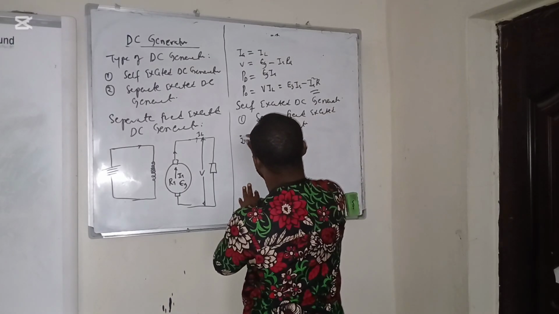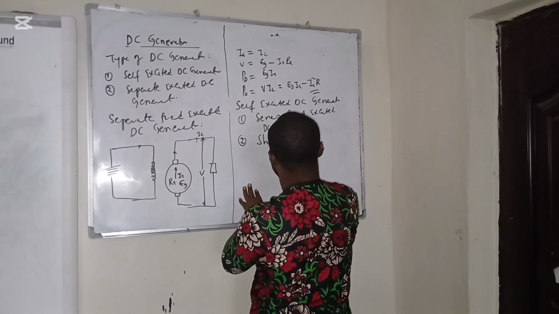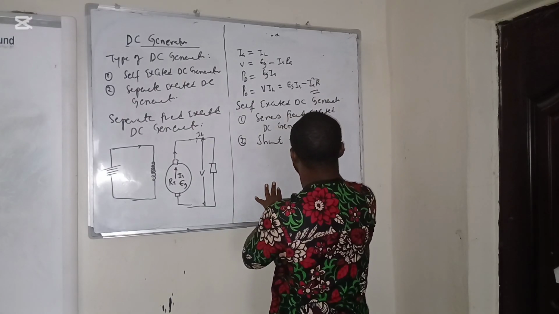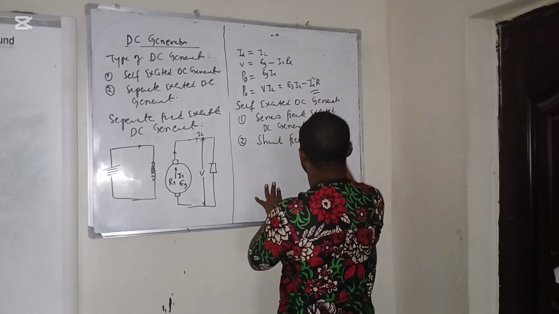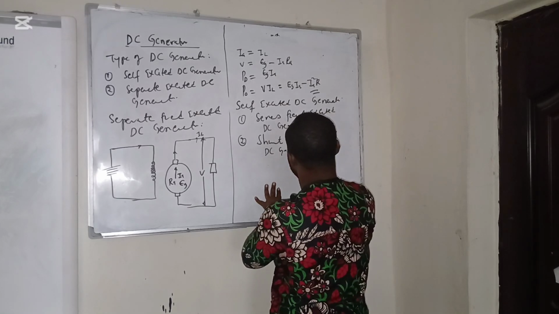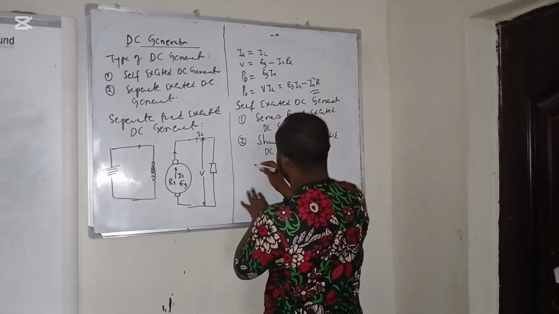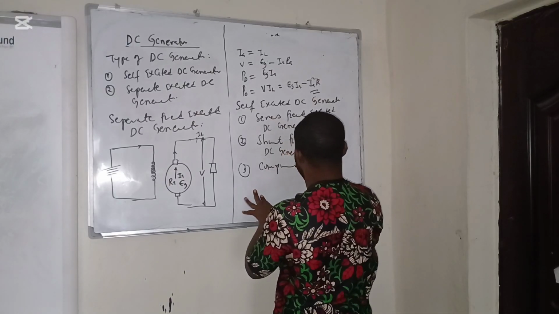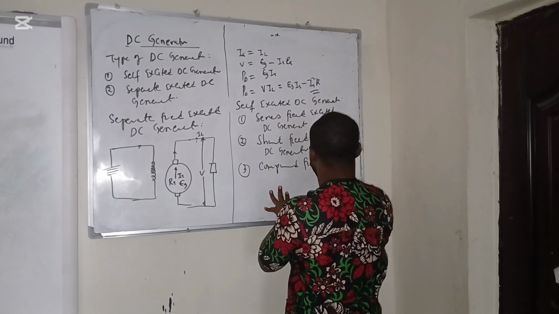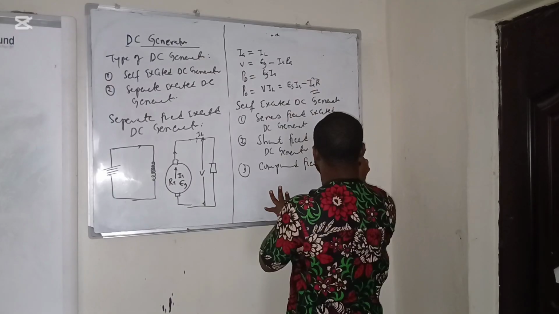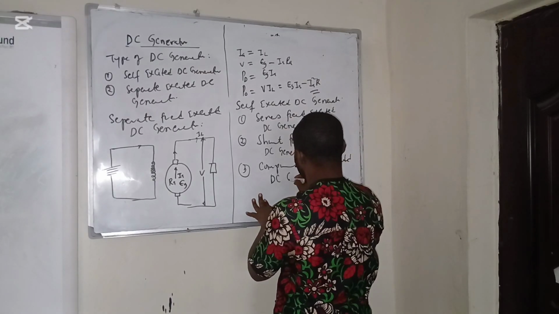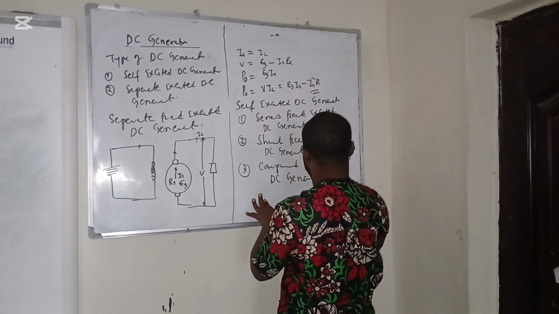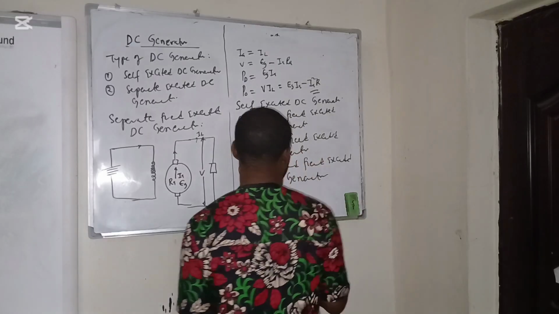We also have the shunt field excited DC generator. And finally, we have the compound field excited DC generator. So in this compound field, we have two.